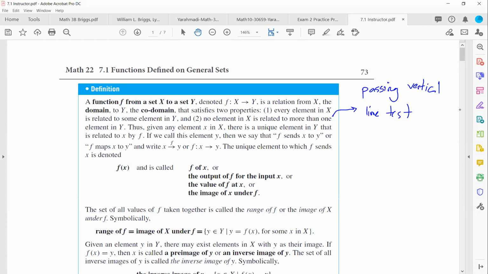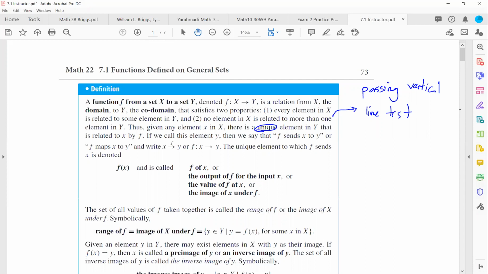Thus, given any element X in the domain, there is a unique element in Y that is related to X by f. If we call this element y, then we say that f sends or maps x to y. And we write f maps element x into element y.